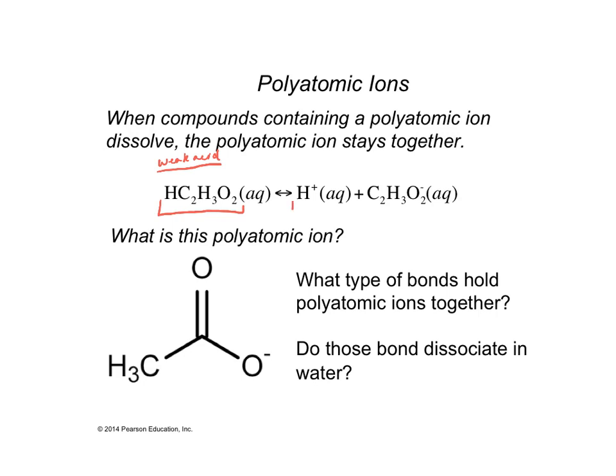When it goes into water, it forms H plus, and it forms this guy, which ideally you can recognize as the polyatomic ion acetate, okay? So in general, note that when we put acetic acid in water, it broke apart again into H plus, but then this guy, our polyatomic ion acetate, it stayed together, right?